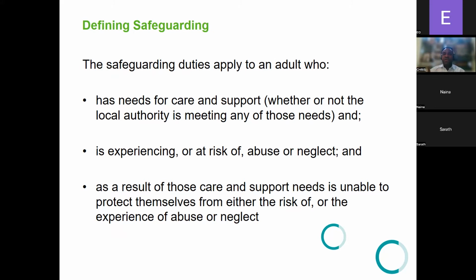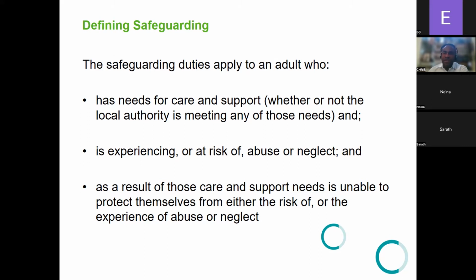Number two, an adult who is experiencing or is at risk of abuse or neglect is a vulnerable adult who needs to be safeguarded. So that's the second thing to look out for in defining safeguarding. If these things are not included, the definition is not complete. The person is experiencing or is at risk of being abused or neglected.